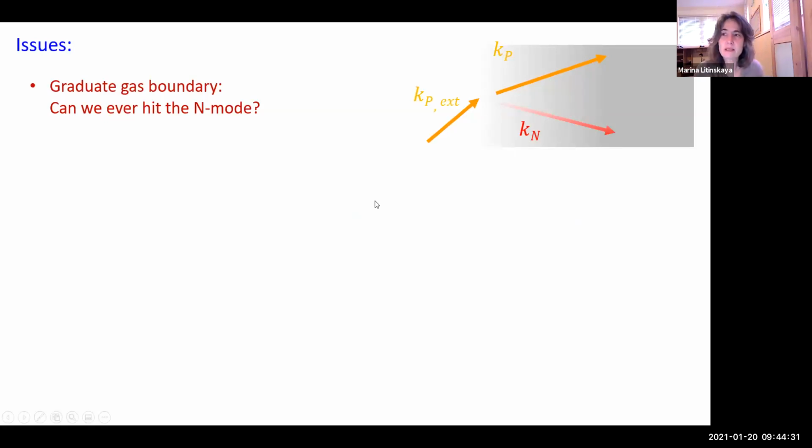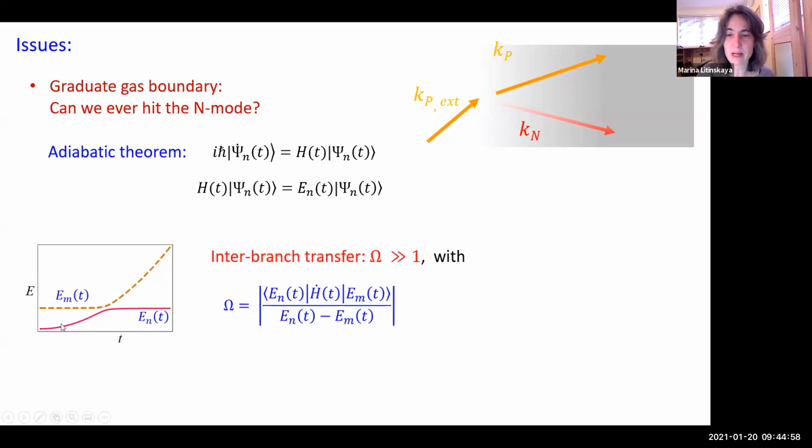The main concern here is that in principle we can never hit the negatively refracting mode because we do not have a proper interface between the gas and the vacuum from where the photon comes. So the problem is, again, the adiabatic theorem.